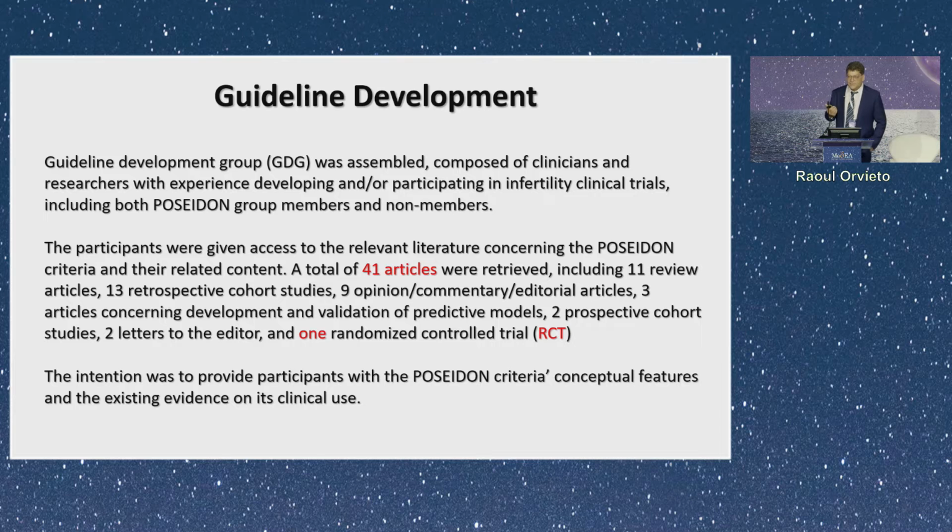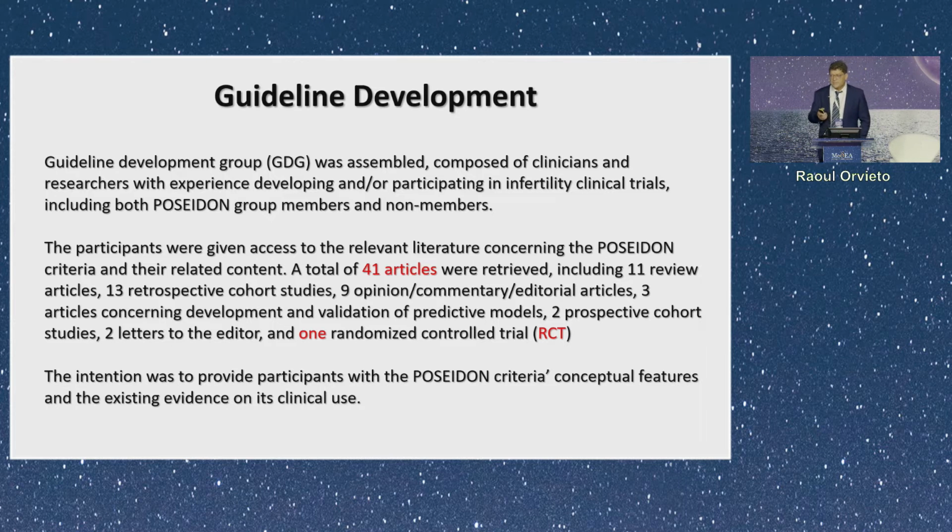So you heard all this introduction, and this is why the POSEIDON group amended this guidelines development group, the GDG, which is composed of clinicians and researchers with experience developing and/or participating in fertility clinical trials, and it included POSEIDON and non-POSEIDON members.